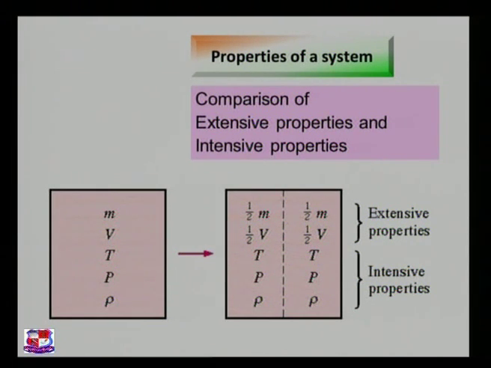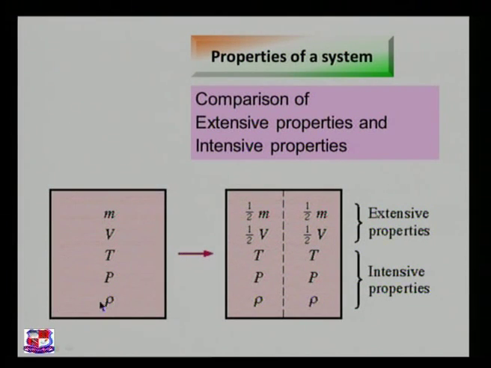Now comparison of both types of properties. So the first one is mass, volume, temperature, pressure, rho. These can all be classified like this. If we make this half mass, then the volume will reduce, it will be half. So these two properties, mass and volume, are extensive properties.